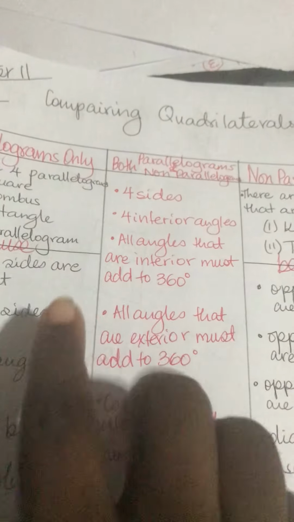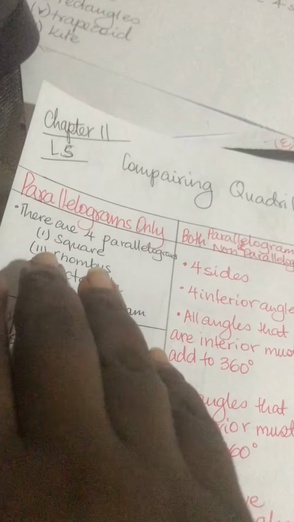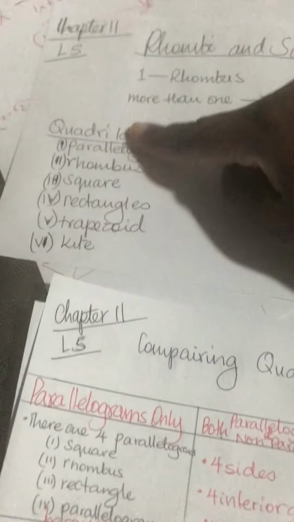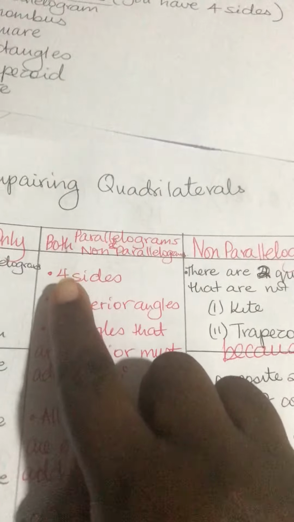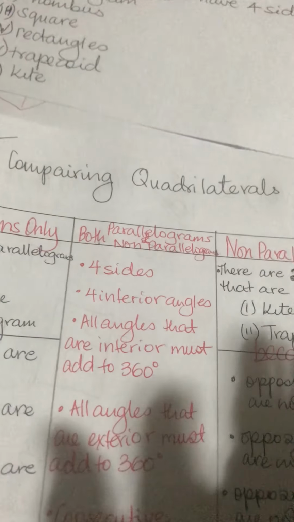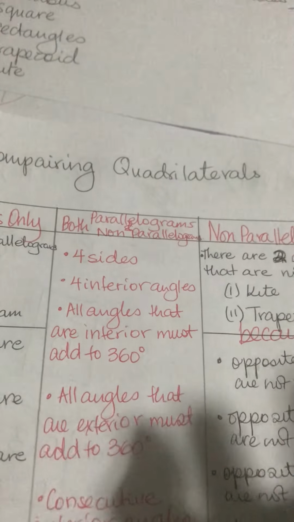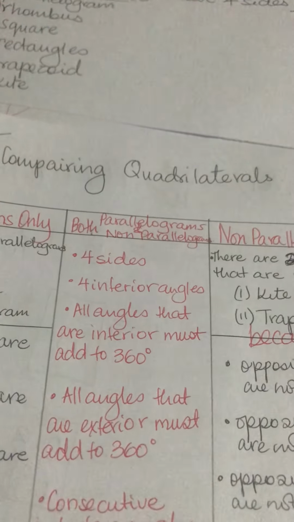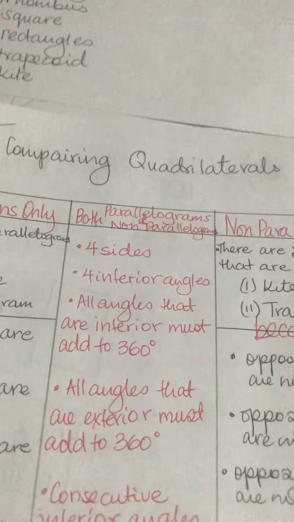Now, what is the same for parallelograms and non-parallelograms? What is the same about these six quadrilaterals? Both of them must have 4 sides. All of them must have 4 interior angles because they belong to the quadrilaterals. All of them, the interior angles must add to 360.